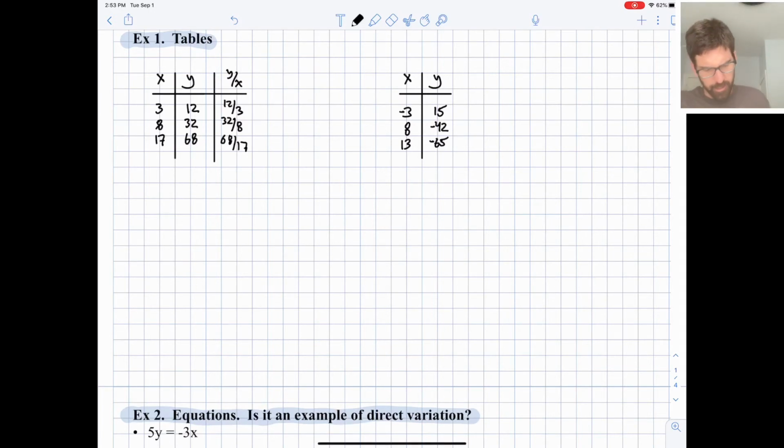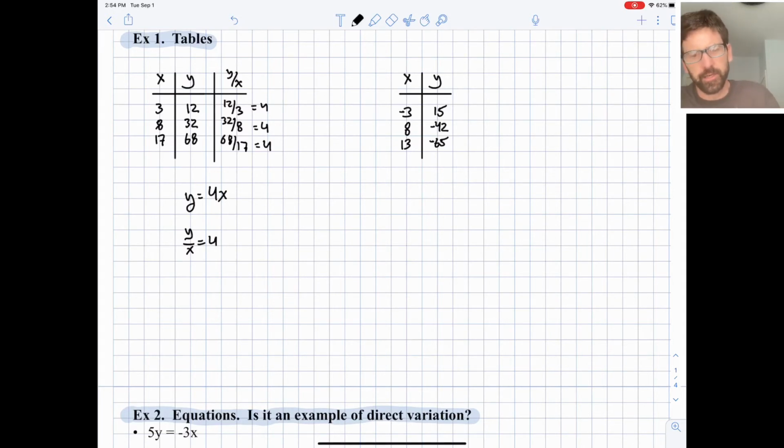I think those all have a quotient of 4. So this first one would be an example of direct variation. It would be y equals 4x or y over x equals 4. Both of those would be valid ways of representing that.